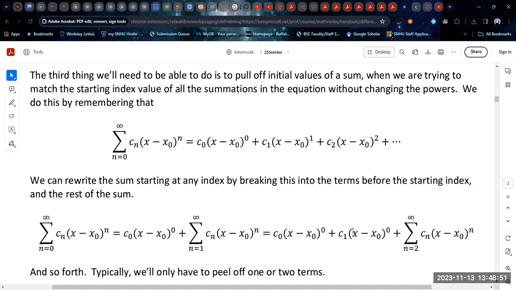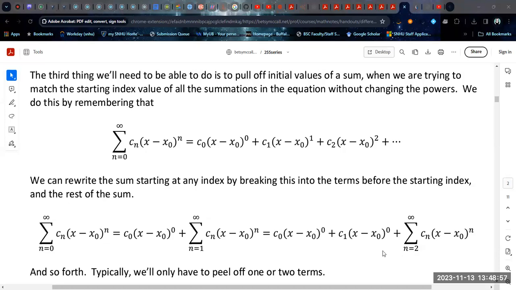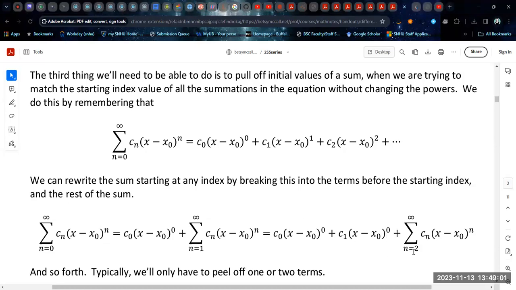If you pull out 2 terms, then the remainder of the sum will start at n equals 2. You don't change the formula at all when you do this, but we're pulling out terms because we're trying to match inside of our process. We're going to have to match both the power and the starting value of our sums in order to combine them. And so there's different places where we have to make some adjustments.